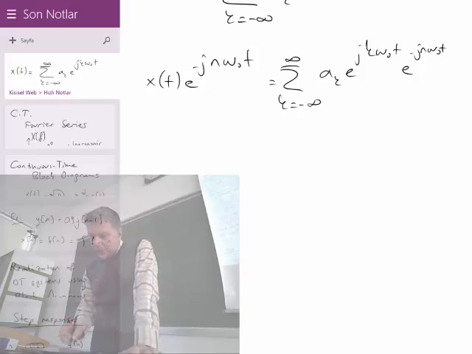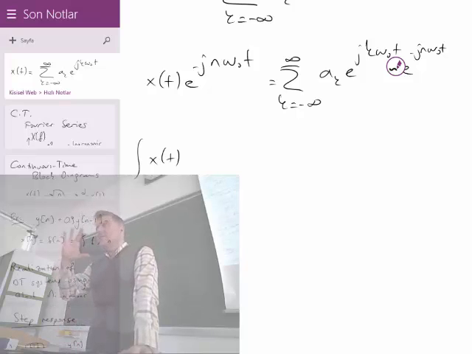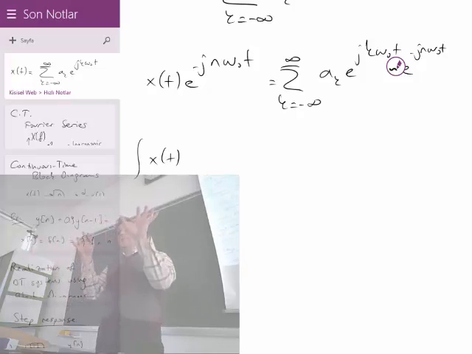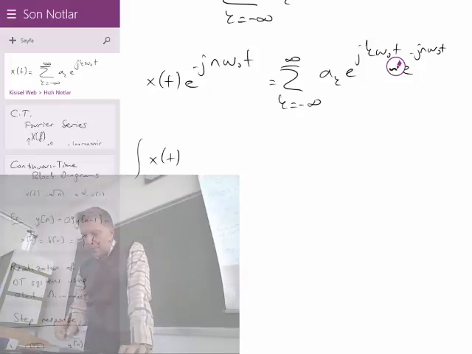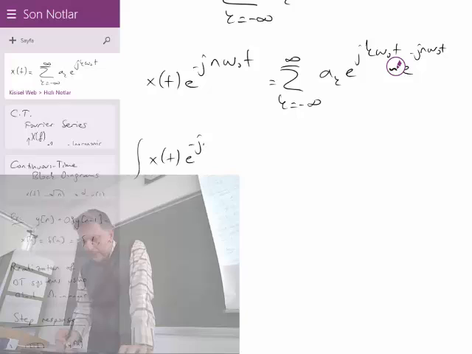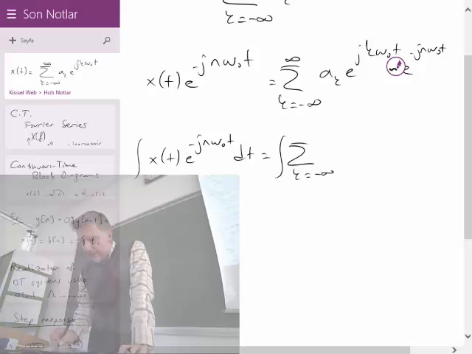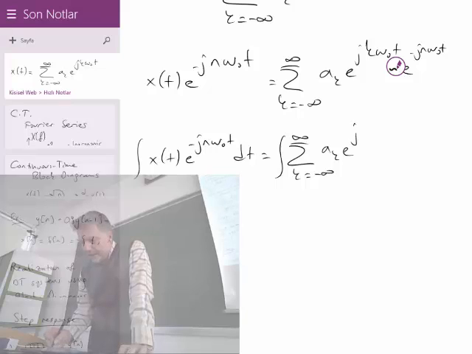And then I will integrate both sides of the equation using the same integral duration. So if these two functions are the same, then their integrals within some specific limits would also be the same. And that is equal to the same integral, k from minus infinity to infinity, ak e to the j k minus n omega 0 t.